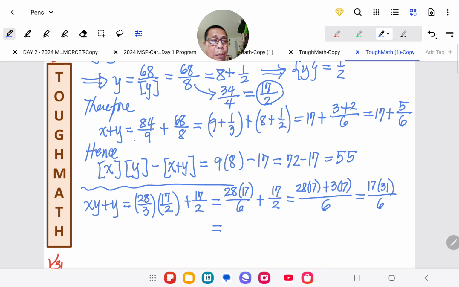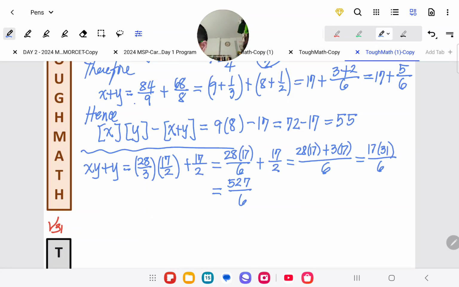So this is equal to 527 over 6, which is the same as 87 plus 5 over 6.